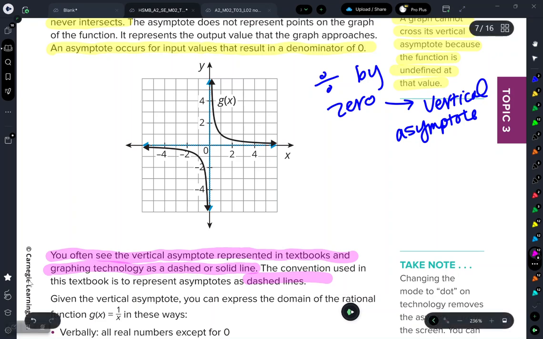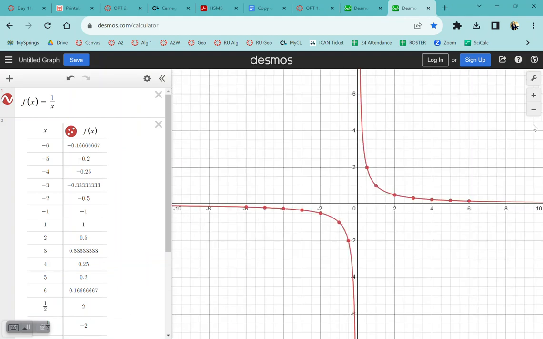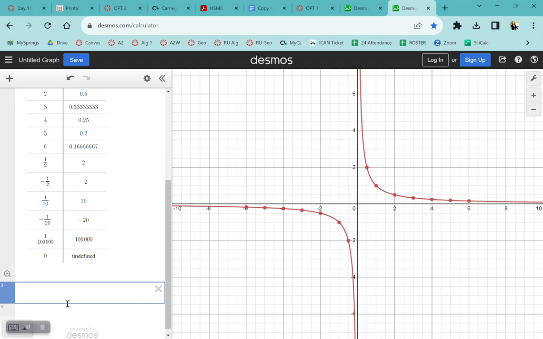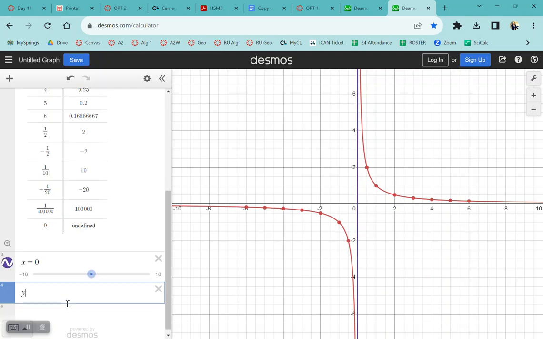Now, I showed you Desmos. When you looked in Desmos, let's go back home, they don't draw the asymptotes for you. You can draw them. Absolutely, you can draw them. We know what they are now. It's x equals 0 and y equals 0.